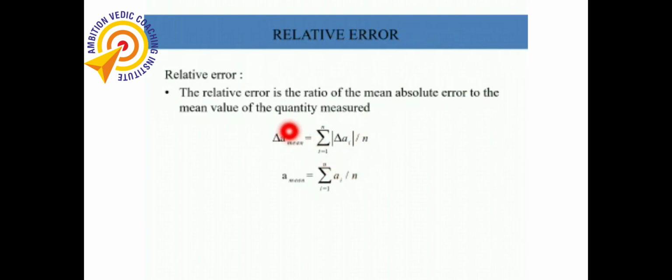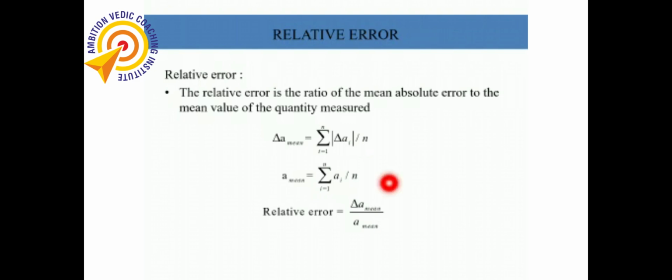This is how we calculate mean absolute error and this is how we calculate mean. If we divide both of them, what divided by what? Mean absolute error divided by the mean value of the physical quantity measured. That is what we call relative error.